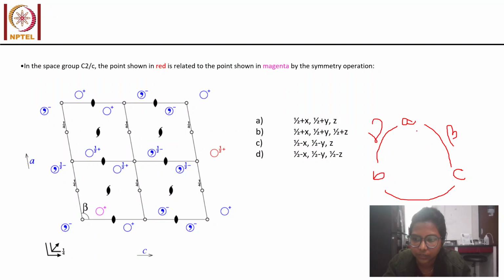Then the angle between A and C axis will be given by beta, the angle between B and C axis will be given by alpha, and the angle between A and B axis will be given by gamma.